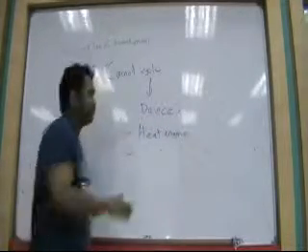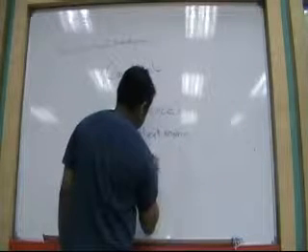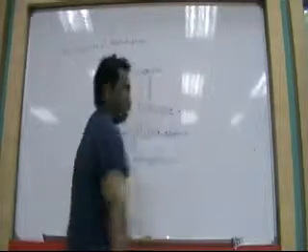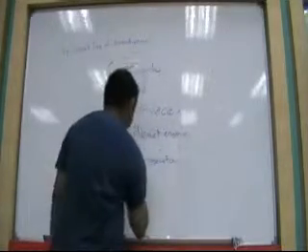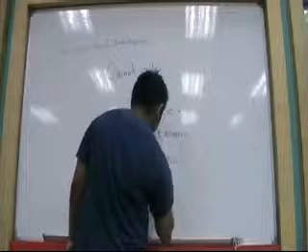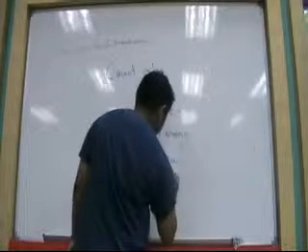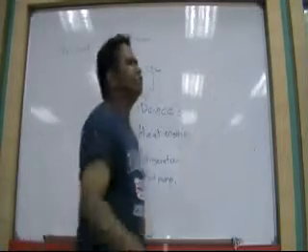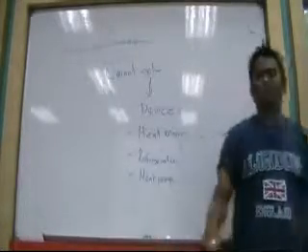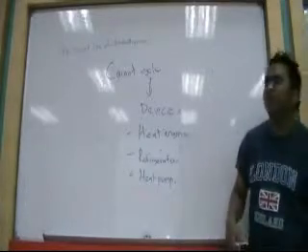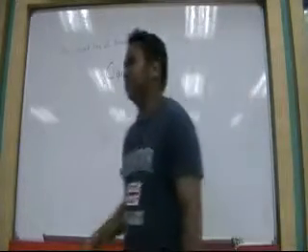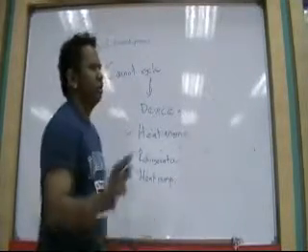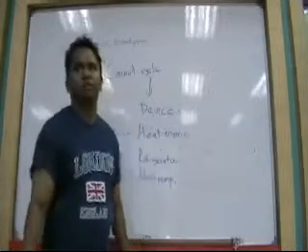The second one is the refrigerator. And the third one is the heat pump. These devices are usually the same as the previous devices. However, the system works on reversible processes. That's the difference.